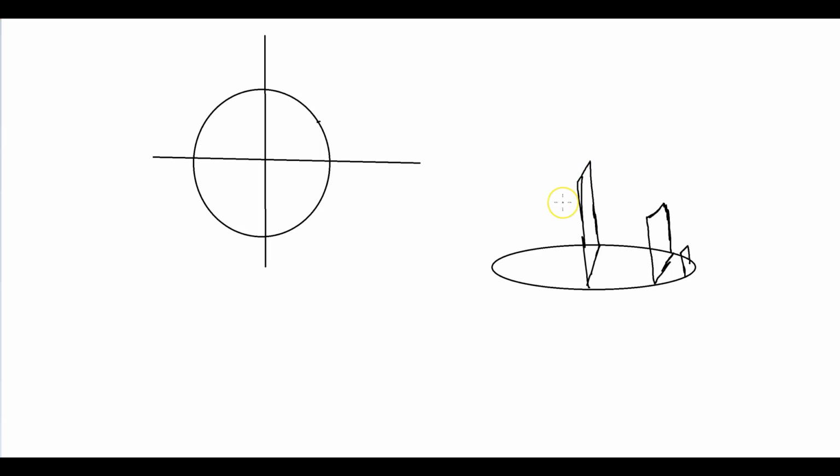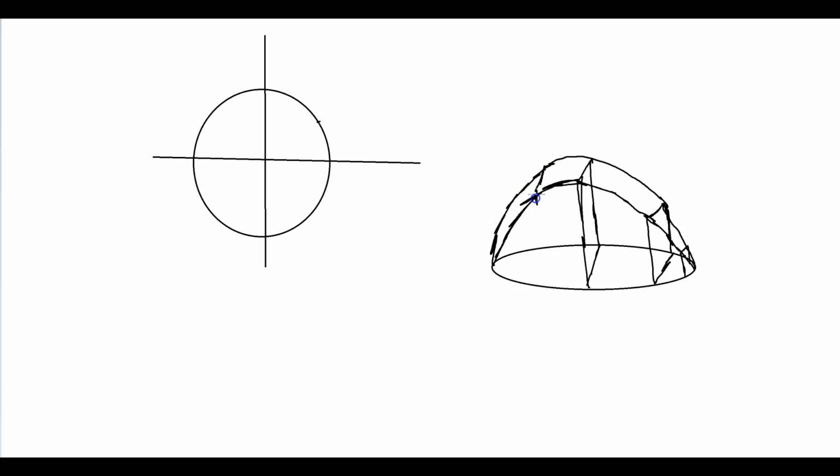And you can see that you start to get this solid. And this is the third type of solid that appears on the AP exam, where the solid has a known cross section.